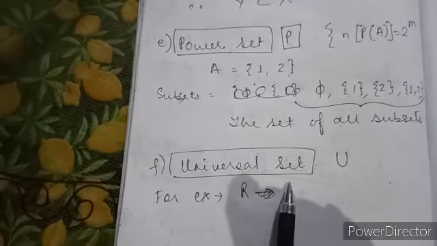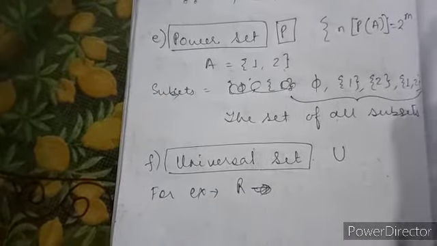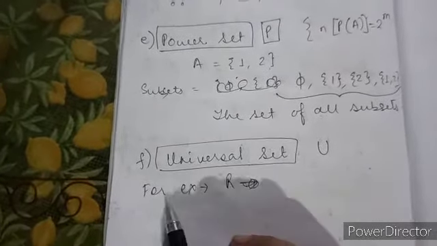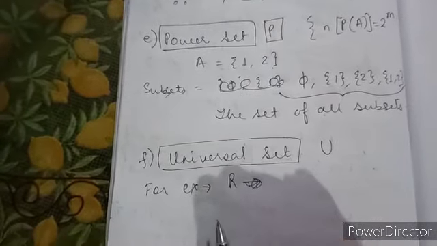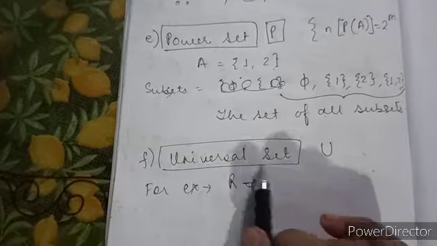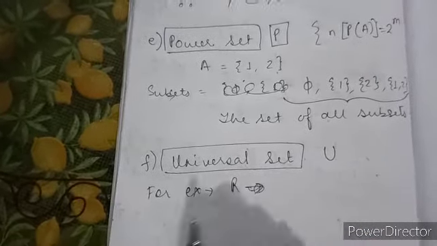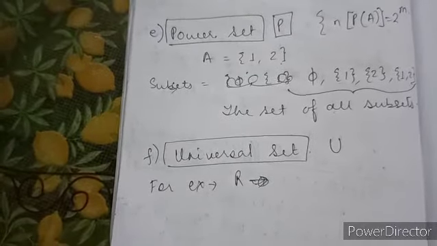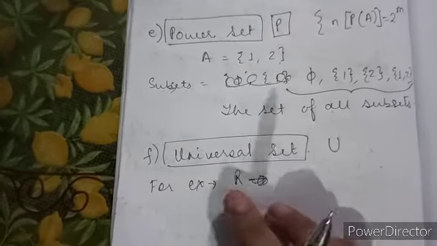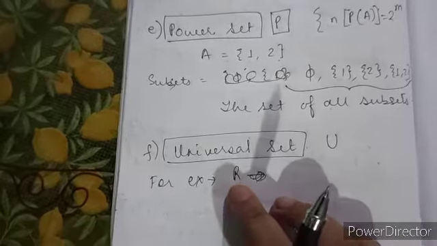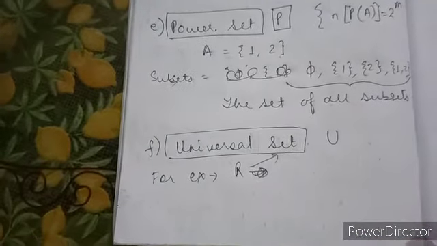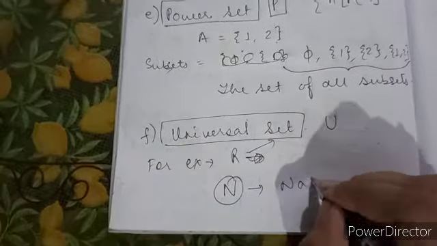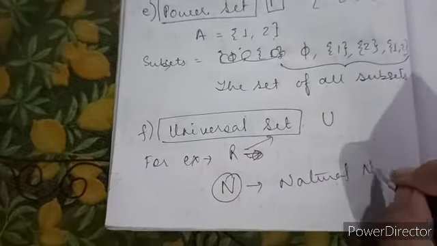Next is our universal set, which is the final type of set, given with the symbol capital U. For example, when I talk about real numbers, the real numbers will be considered our universal set. Why? Because inside the real numbers you will have whole numbers, natural numbers, integers, is it not? So this is known as a universal set. For example, when I take capital N, what does it mean? Natural numbers.